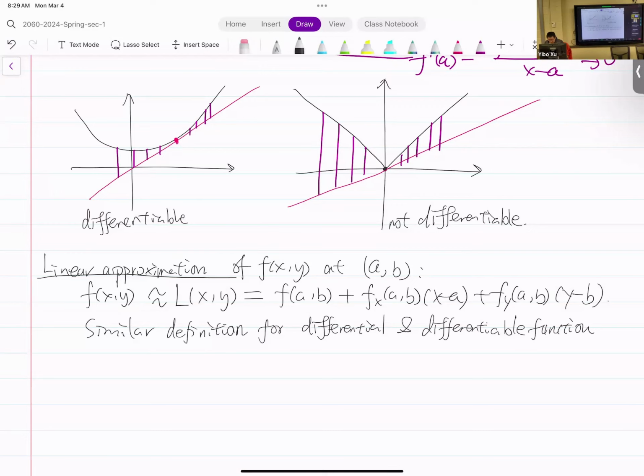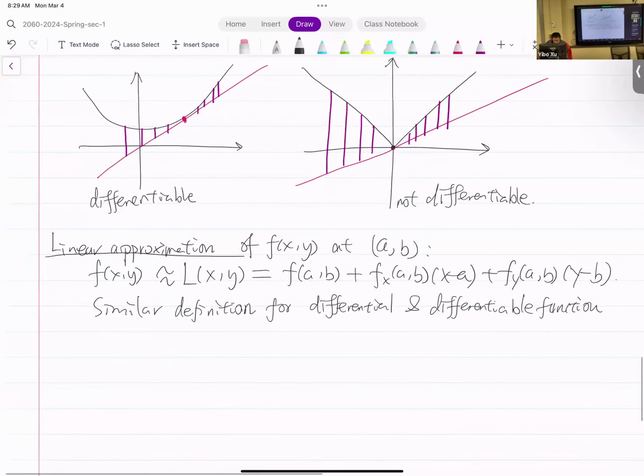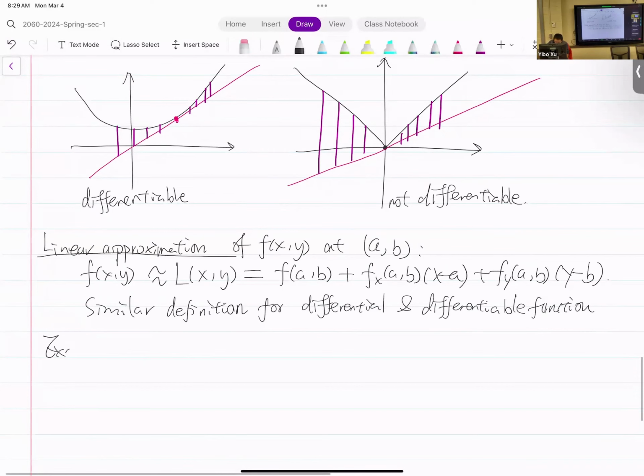Well, we certainly would not elaborate on this concept, but the differential is exactly this part, okay? We will put it down at the end, but here, the emphasis is the linear approximation function. Okay. So example.